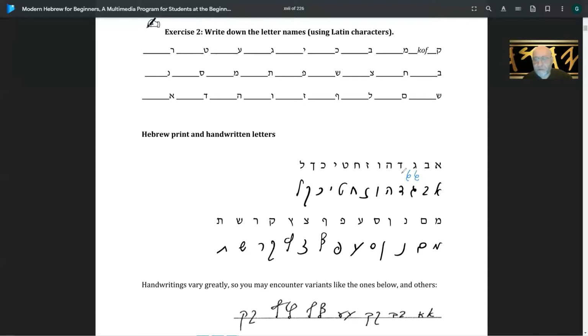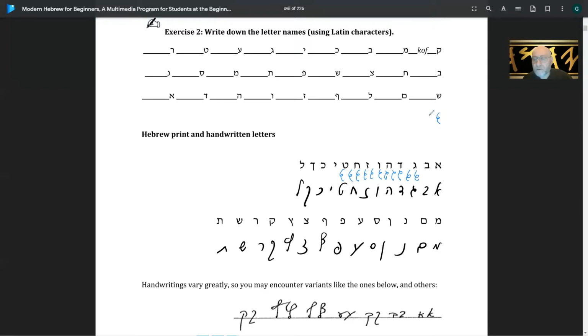This looks almost like a little piggy tail. Gimel. Gimel. Now what I'll do is put Gimel and Dalet together.